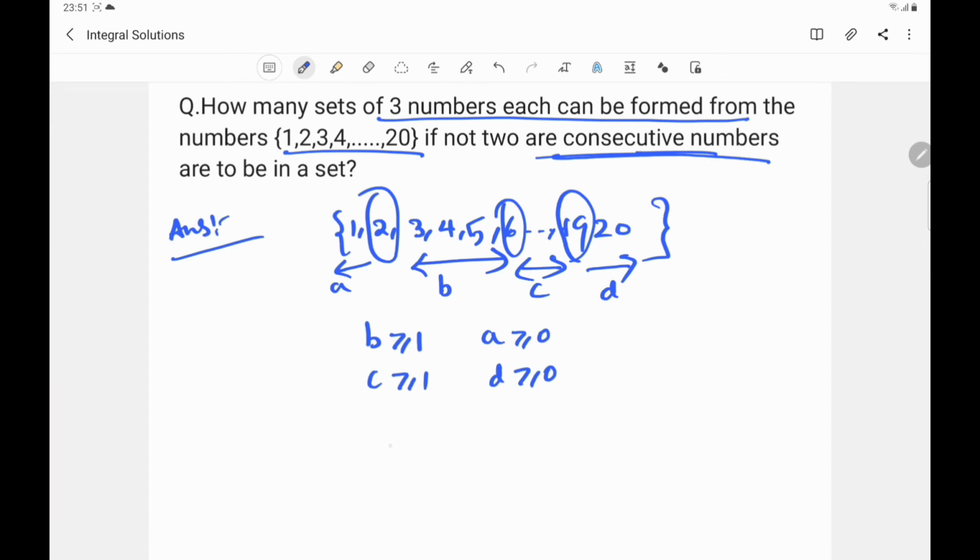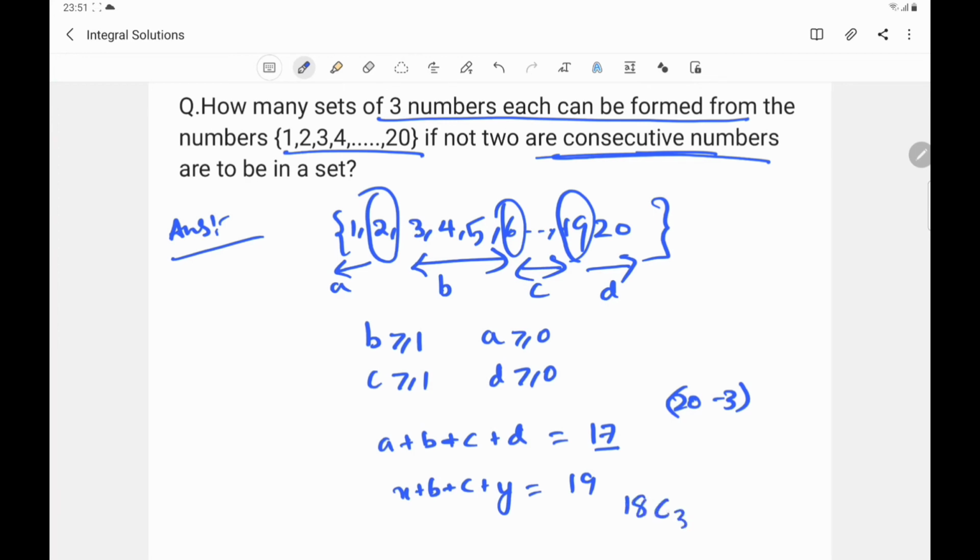So we have an equation A plus B plus C plus D equals 17, because out of 20, 3 are selected, so the remaining is 17. As we have already done here, this will be x plus B plus C plus y, which is 19. So 19 means 18 gaps are there, out of which I will select 3.